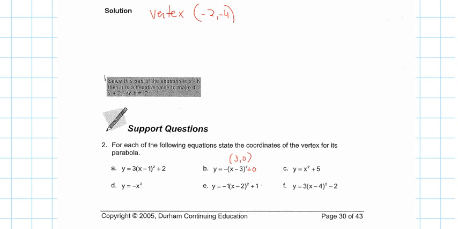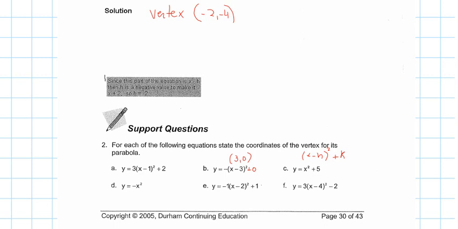What will be your vertex for C? Now, what's inside the bracket? Remember that it should look like this. You should have x minus h squared plus k. You see, h is under the square. Do I have any value under the square here? So what would it be if it's not there?